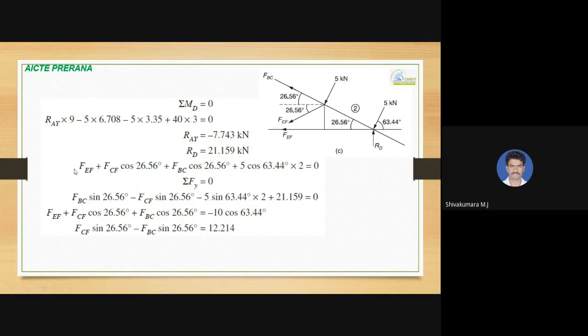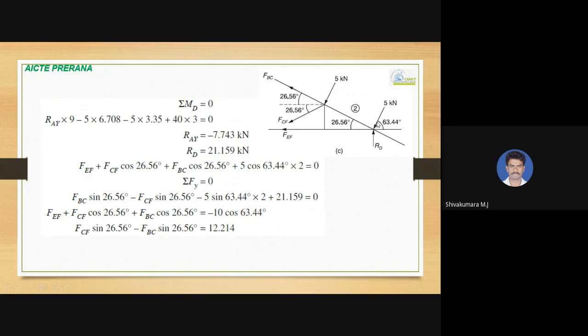Towards left means you maintain the sign convention, minus FEF, and then the horizontal component of FCF is FCF sine 26.56 or cos 26.56. So again, that is minus sign convention. The horizontal component of FBC is FBC cos 26.56, that is again minus.